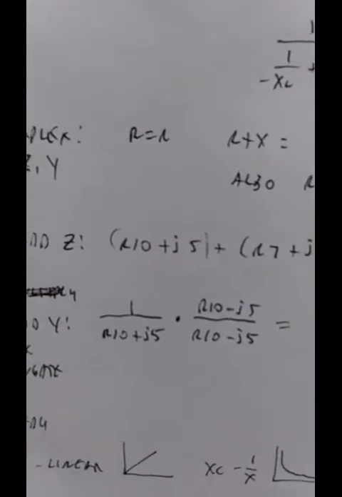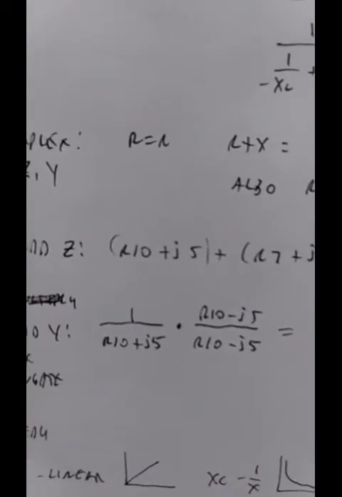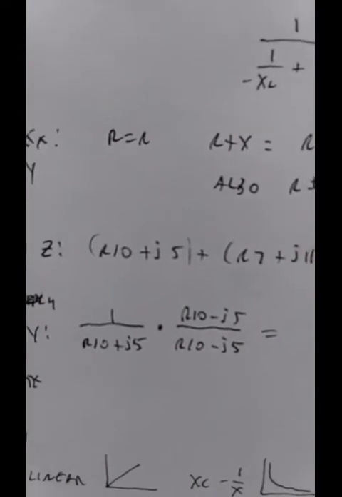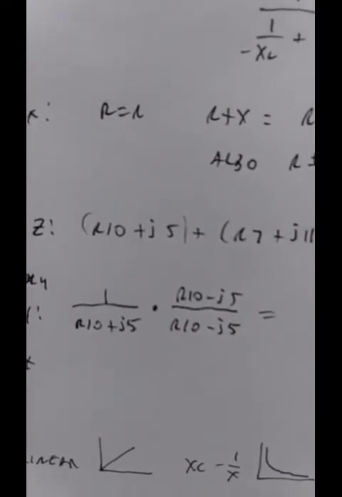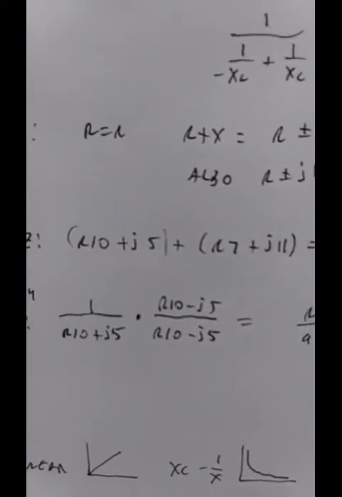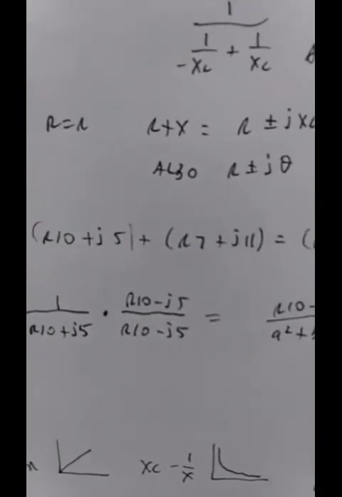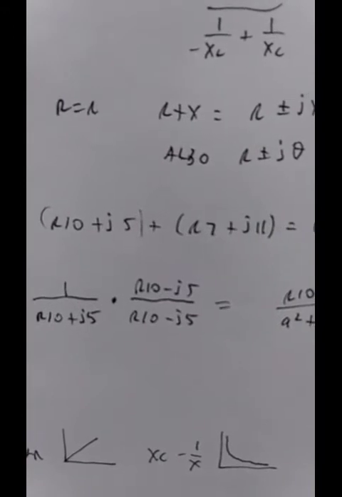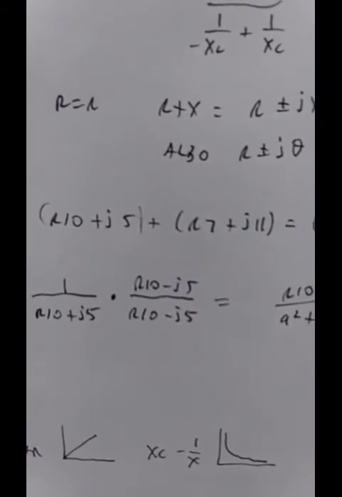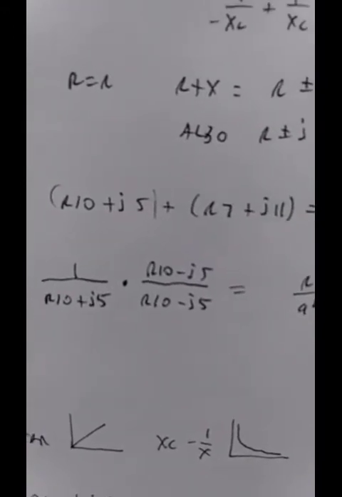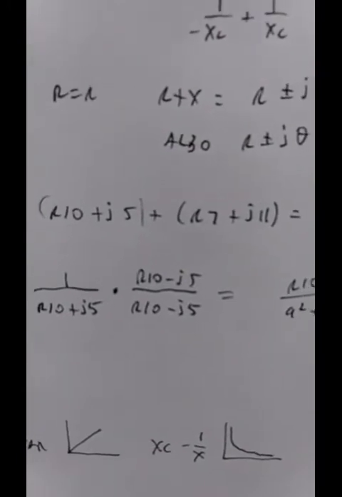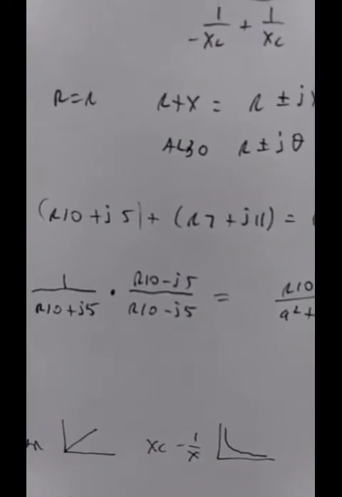To add series impedances, for example, R10 plus j5, which is 10 ohms and 5 ohms inductive reactance, if we want to add R7 plus j11, and you won't see R written in these expressions, I put them in for clarity. It's understood, but if you've never seen this before, it may not be clear.